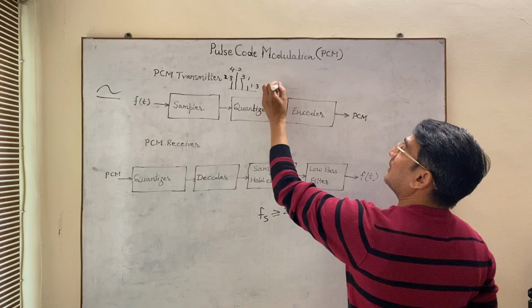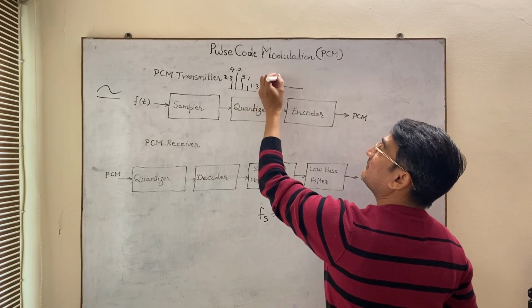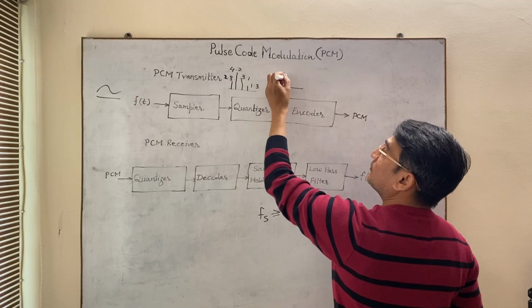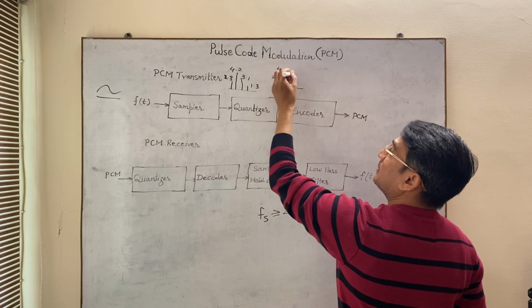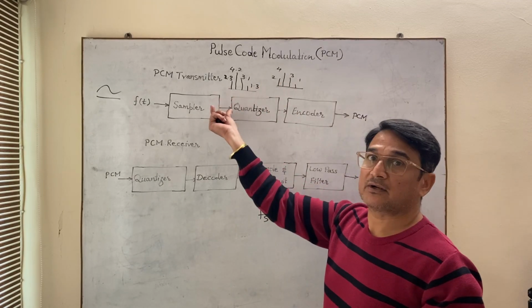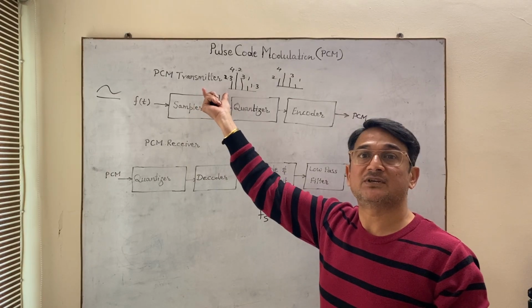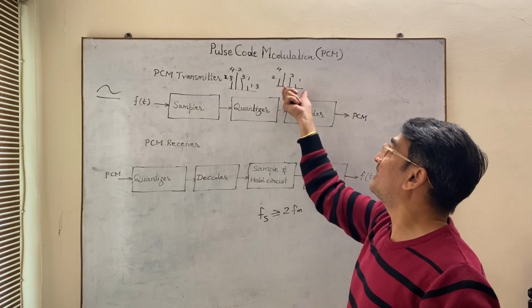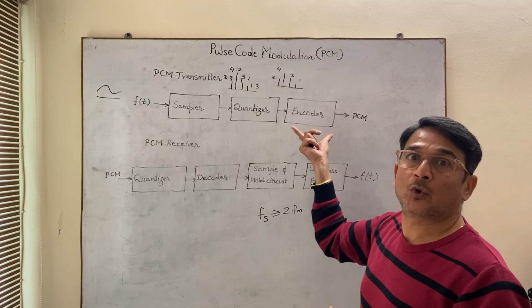So according to that, after the quantizer, this signal will be 2, 4, 3 and 1. So the quantizer has converted the exact values of the samples into their corresponding integer values. Then the signal is given to the encoder circuit.